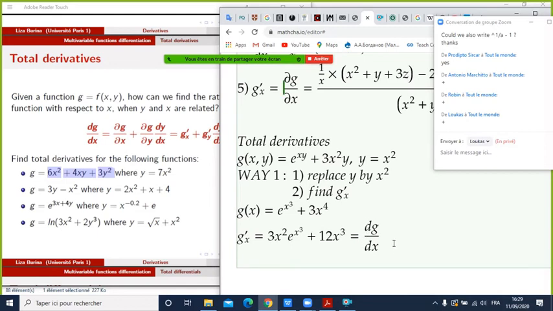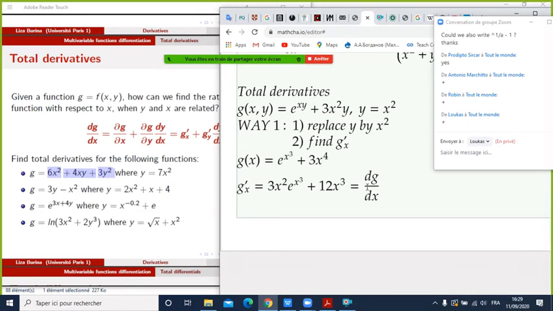If you want to just avoid this problem, you can use this notation, g prime x, and that will work for sure everywhere in your micro exam. You will have utility prime x, utility prime y, no problem. Okay, so that was way one.